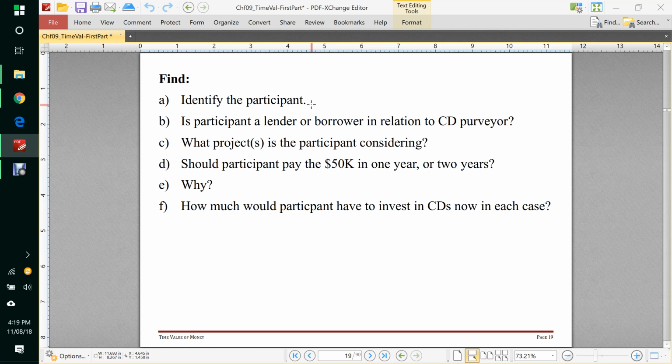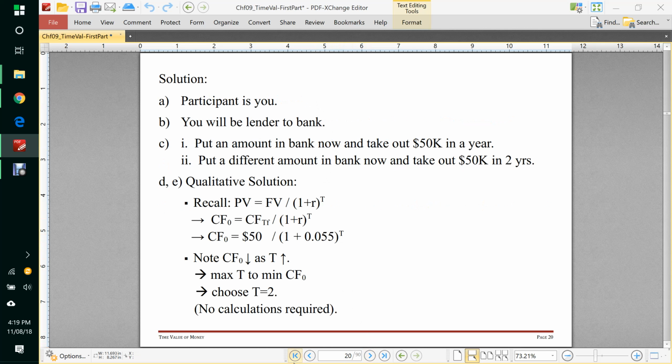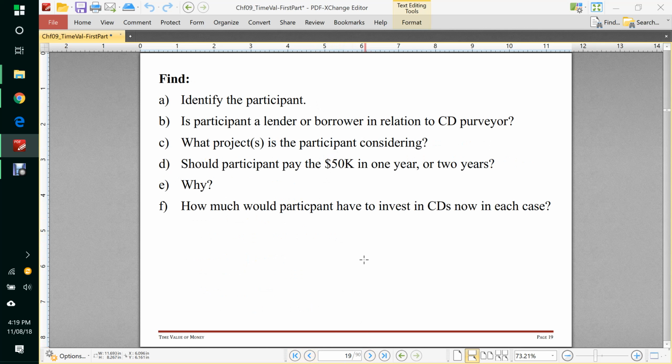First of all, we want to identify the participant, and I want to be a little sneaky. I looked a page ahead there, because we have choices for the participant. We could choose to be either you, or we could choose to be the bank offering the CD.